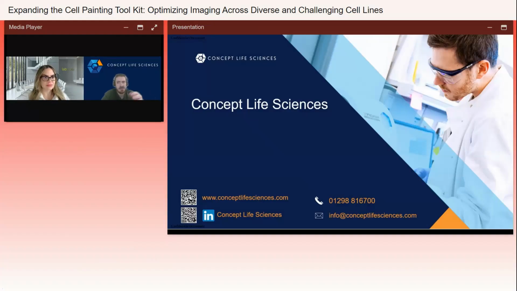As soon as the plate has finished imaging, the data is exportable as a CSV file or similar. And then we have access to an R-Shiny application that allows us to plug in some of the data into the PCA and the phenotypic analysis that we've been able to perform.